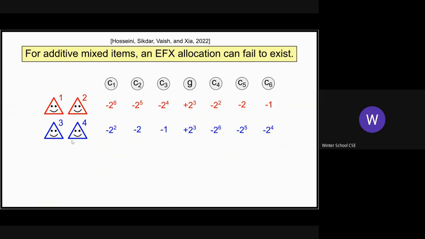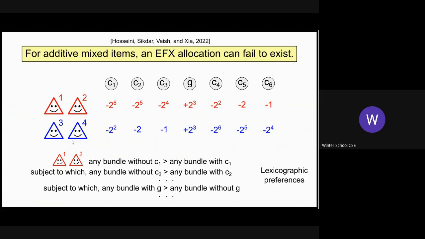Another interesting thing is that the valuations are all powers of 2, as you can observe. These are known as lexicographic preferences. The way to read this is as follows. Let's look at the red agents. They have a very, very high negative value for C1. They really don't want C1.